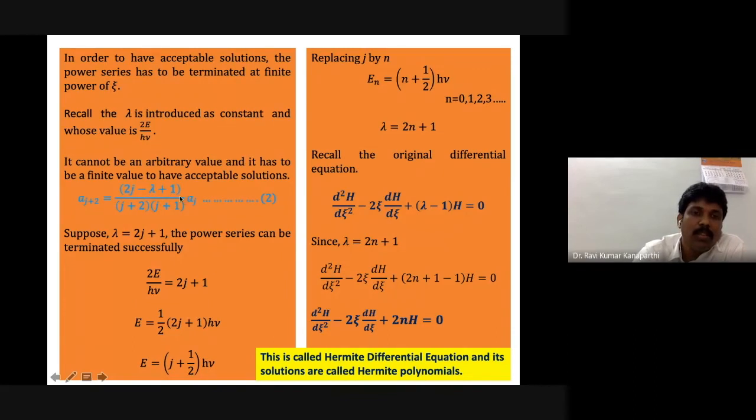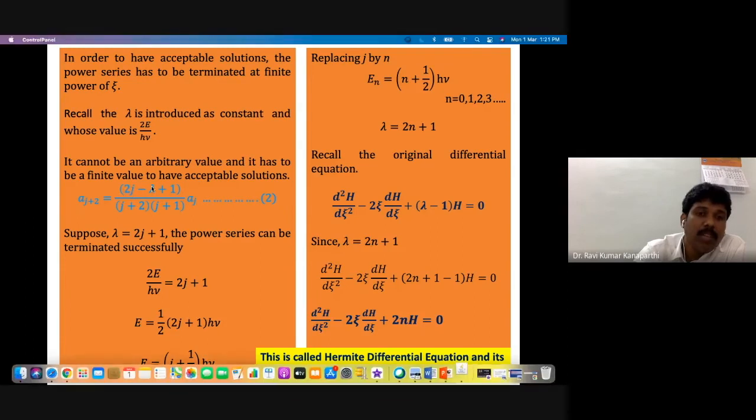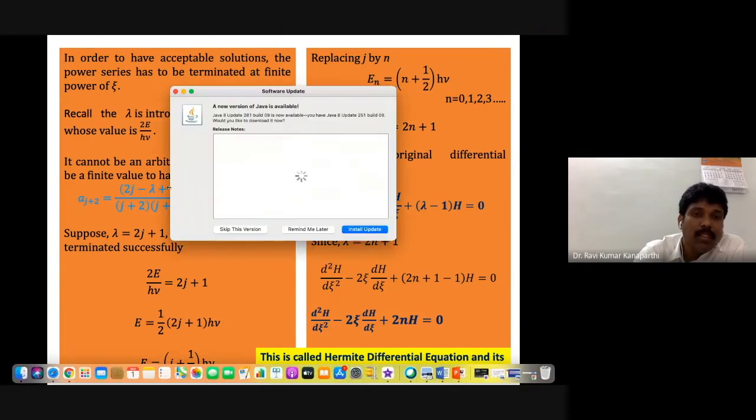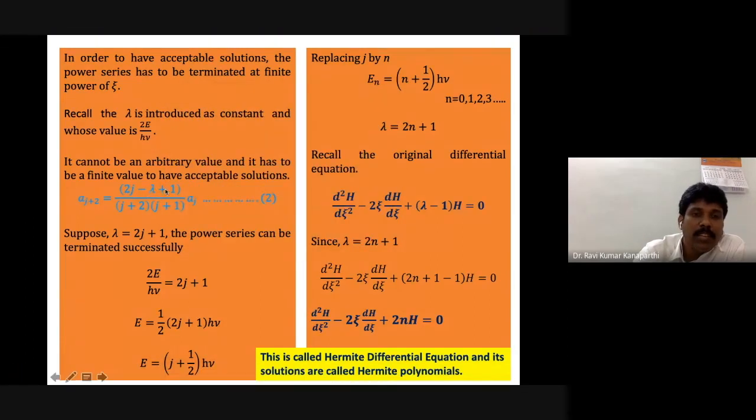Why? Because we already mentioned that j is equal to 6. This is 13 minus 13, that is 0. So 13 minus 13 is 0, and anything divided by 0, the numerator is 0 there, so essentially A8 is 0.